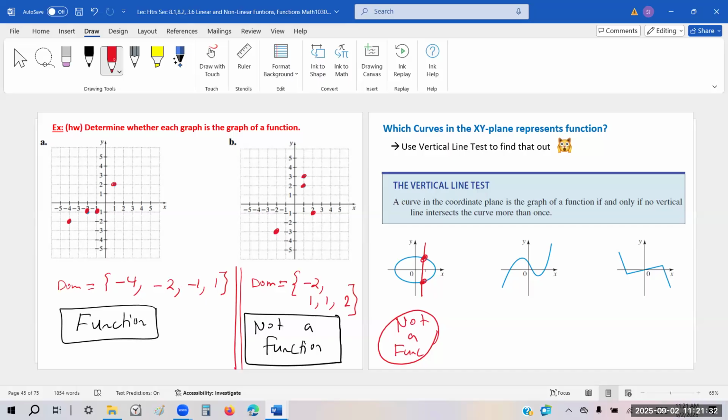The next one. If you draw a vertical line anywhere, I'm drawing here. So I see my vertical line crosses the graph only at 1 point. This is a function.